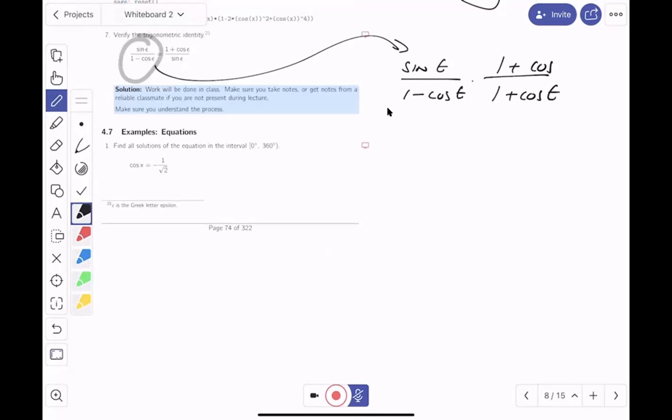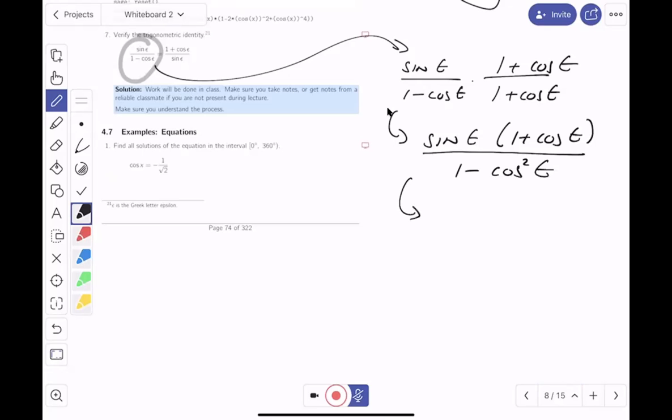Now remember, if you multiply the bottom by that, multiply the top by that, what do you get here? Sine epsilon times 1 plus cosine epsilon. The bottom would be 1 minus cosine squared epsilon. What does that give me?